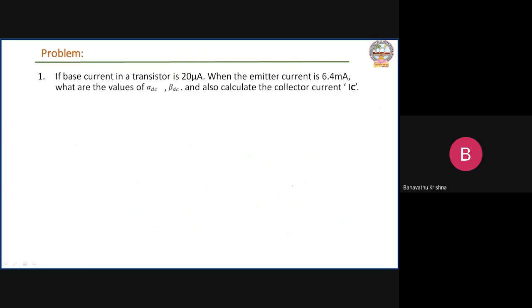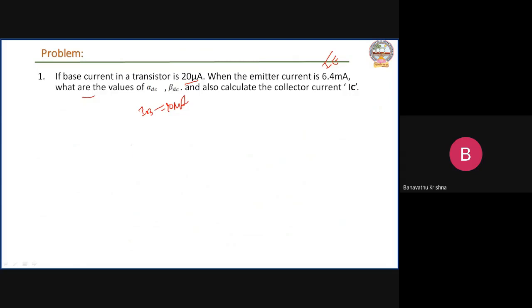The given data is: base current IB is 20 microamperes, and the emitter current IE is 6.4 milliamperes. What are the values of alpha DC and beta DC, and also calculate the collector current.